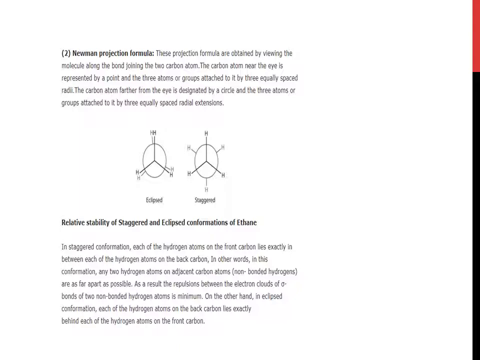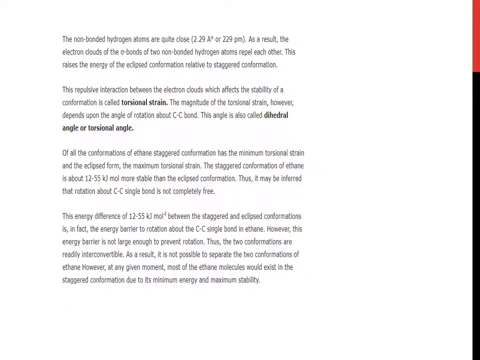On the other hand, in eclipsed conformation, each of the hydrogen atoms on the back carbon lies exactly behind each of the hydrogen atoms on the front carbon. The non-bonding hydrogen atoms are quite close. As a result, the electron clouds of sigma bonds of two non-bonded hydrogen atoms repel each other. This raises the energy of eclipsed conformation relative to staggered conformation.